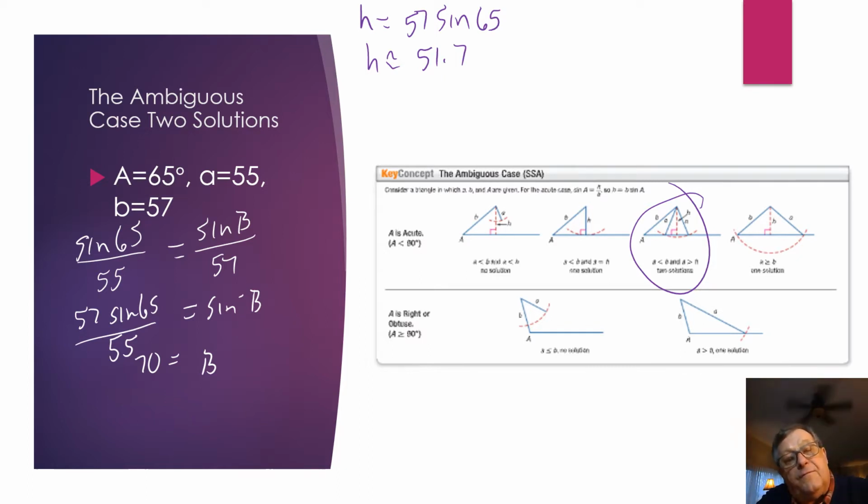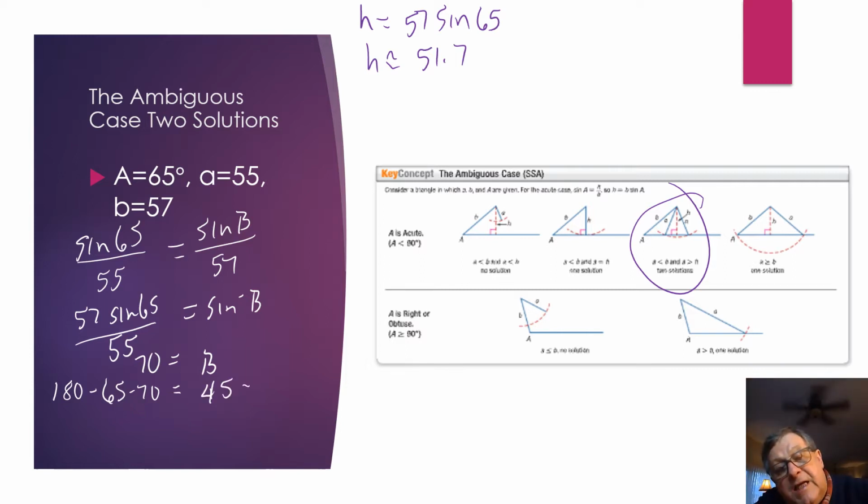Now, we might as well go ahead and find angle C. In this case, we take 180 minus 65 minus 70, so angle C is going to equal 45 degrees, possibly.